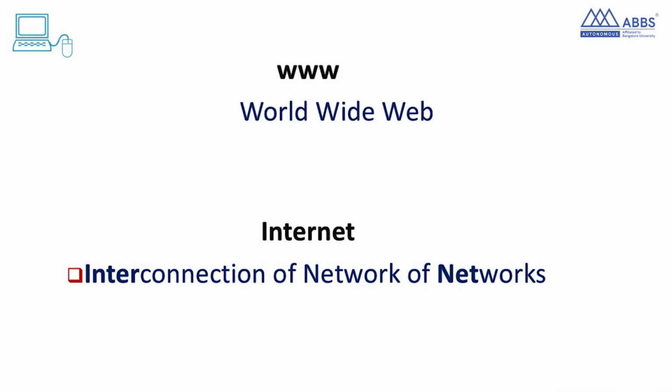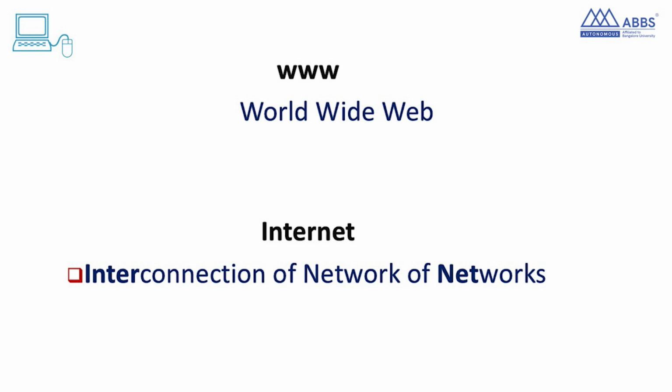Now what do we do if I want to move further and increase the horizon of the network? We need a wider coverage area. In this case, we may have to adopt WAN, or what you call wide area network. A wide area network is enabled with the help of an internet connection.